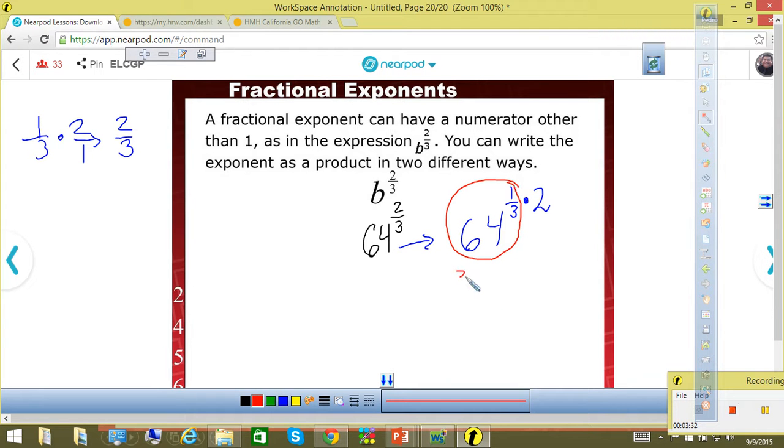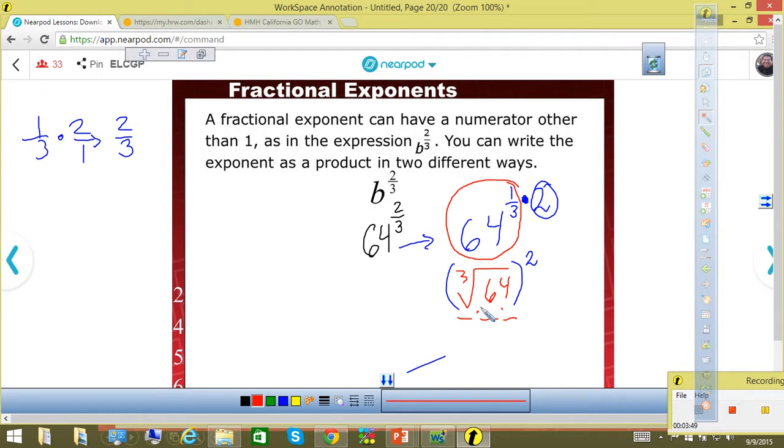So, with that said, this we already know how to do. This becomes cube root of 64. Since it's multiplying, it reminds me to open a parenthesis and raise to a power of 2. Therefore, what number times itself 3 times gives me 64?